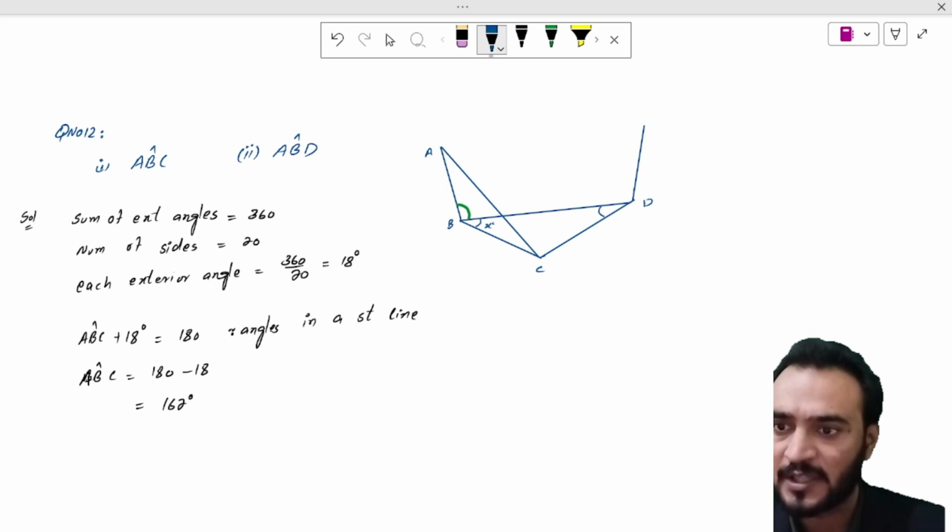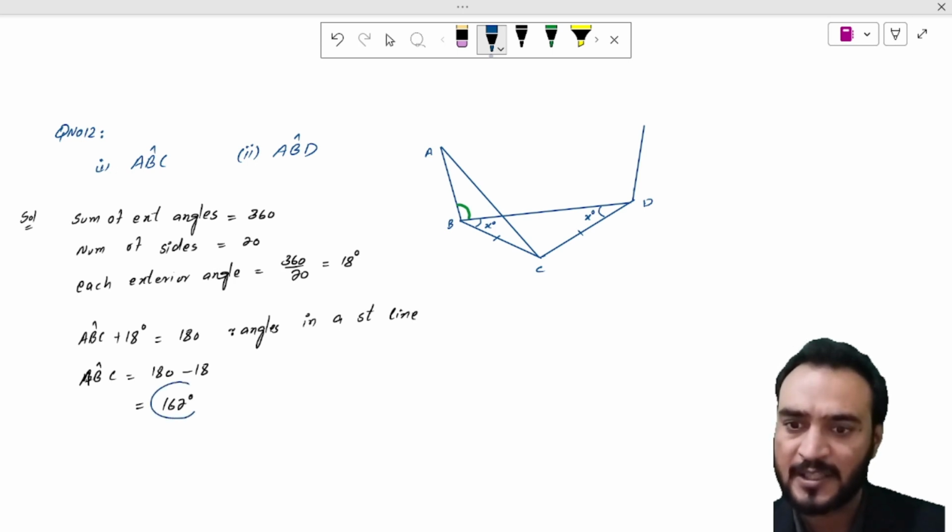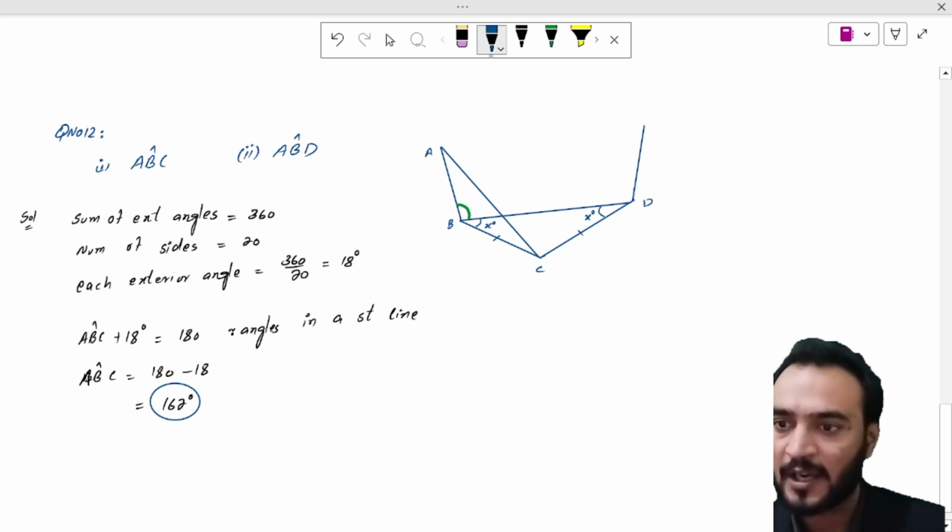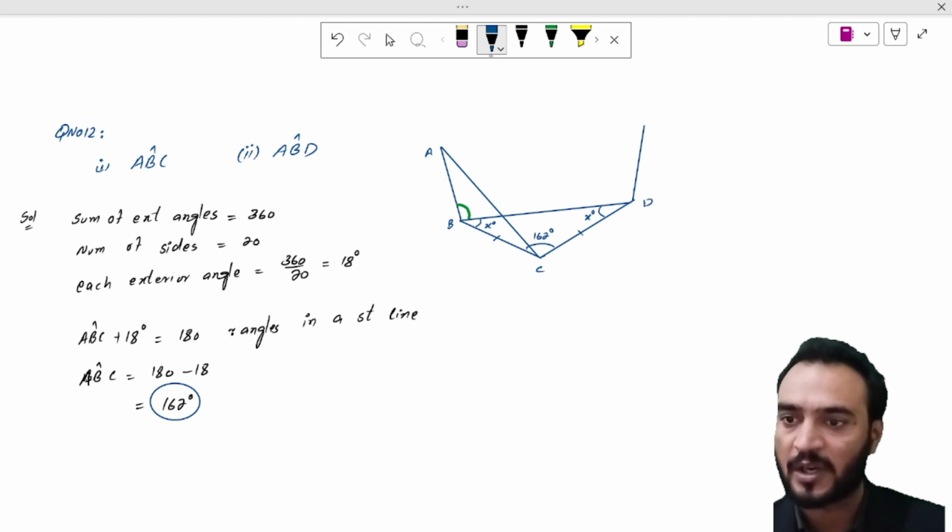Both of these angles are equal in size, because all the sides of a regular polygon are equal. So angles opposite to the equal sides are equal. So these two angles are equal in size, and we know now the measure of each interior angle of a regular polygon is equal to 162 degrees. So angle BCD is also equal to 162 degrees. We put the sum of these three angles equal to 180 degrees to find the value of x.